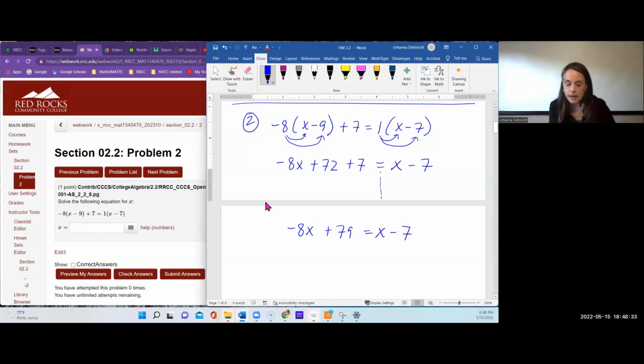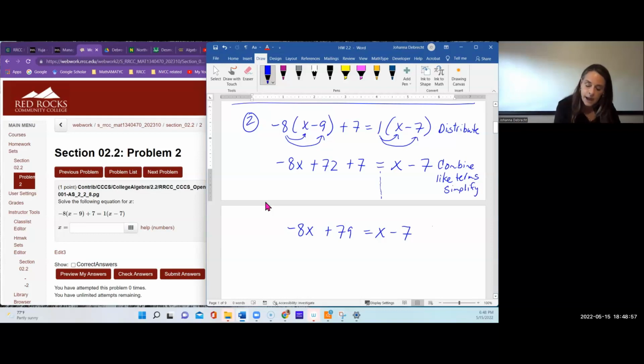Remember, our next steps are going to be to get the x terms together. So first we distributed. And then we combine numbers on the same side, combine like terms, or simplify. That's another way of writing that.